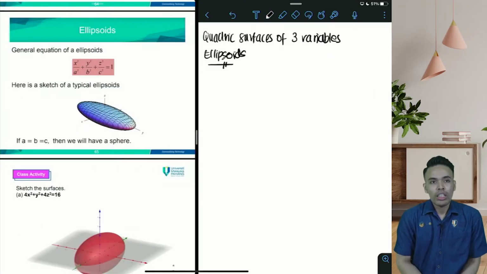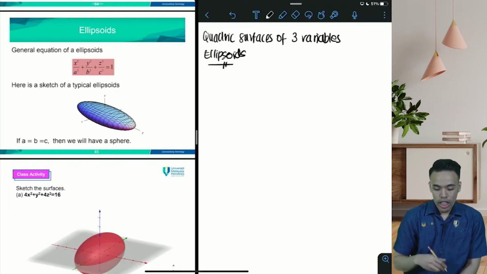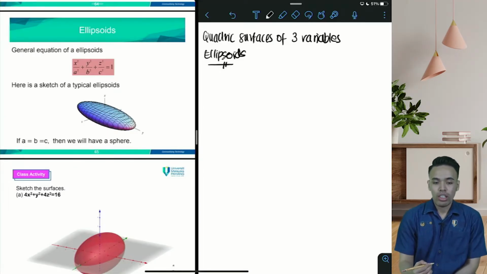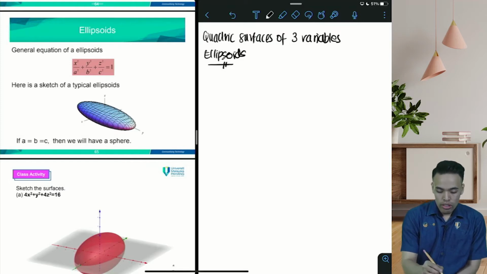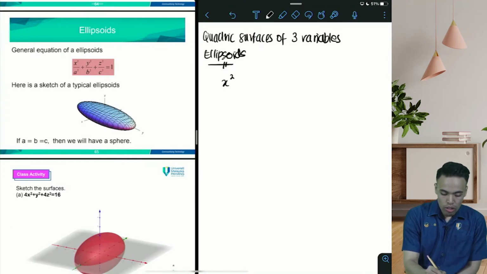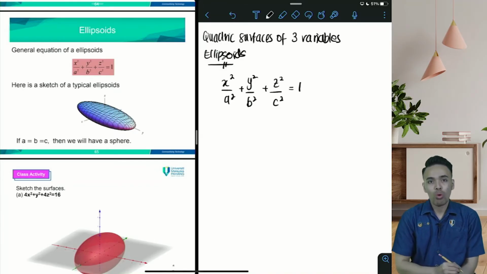Now, let's discuss how to sketch quadric surfaces of 3 variables, which we call an ellipsoid. So basically, this is the general equation that represents an ellipsoid: x squared over a squared plus y squared over b squared plus z squared over c squared is equal to 1.